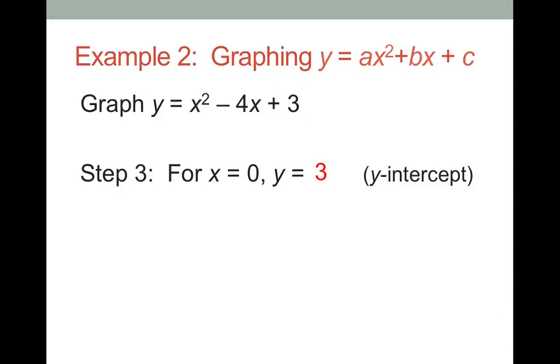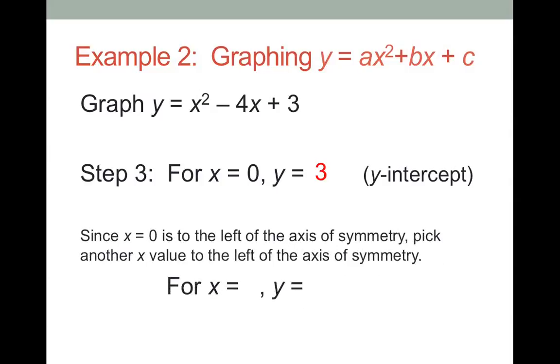Okay, so there's one point. Now we can choose a second point. So since x equals 0 is to the left of the axis of symmetry, it makes sense to pick another x value that is also to the left of the axis of symmetry. So let's pick 1. If I choose 1 as my x value, I can put that into my equation, and I come up with an answer of 0.